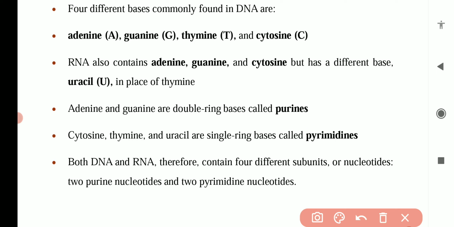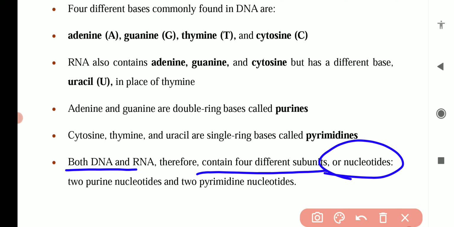Both DNA and RNA contain 4 different subunits or 4 different nucleotides, because nucleotides are categorized on the basis of the nitrogenous base present. If adenine is present, then the nucleotide will be known as adenosine, or deoxyadenosine monophosphate.